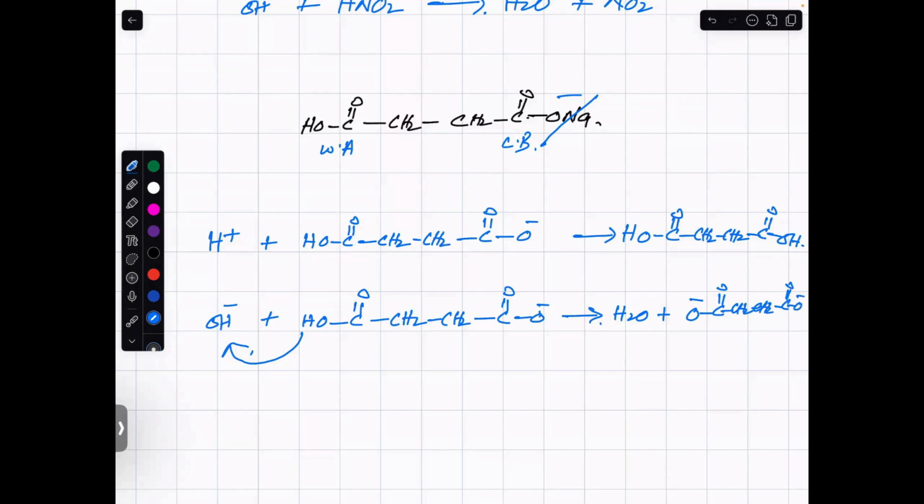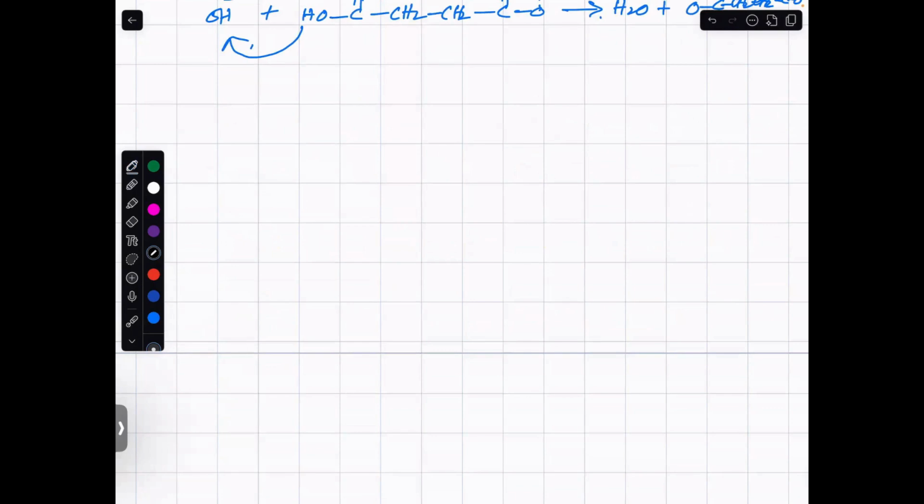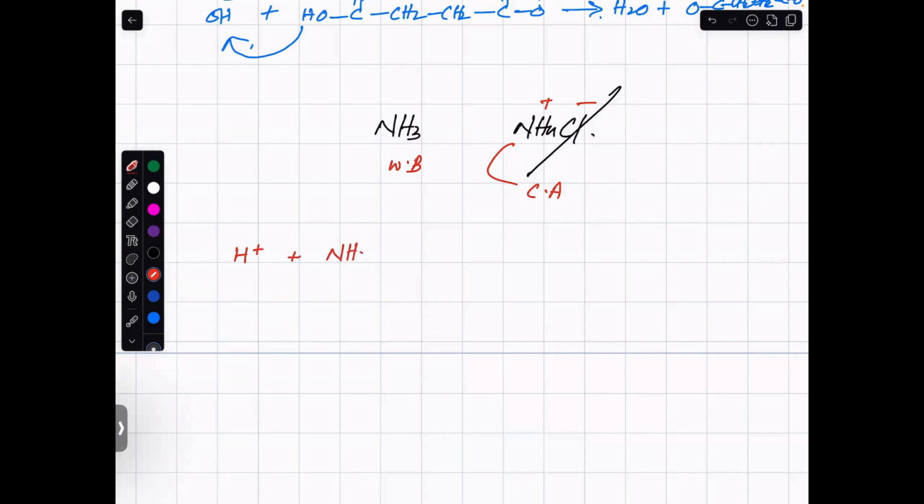Clear? Now, if I ask you, is ammonia and ammonium chloride a buffer? Yes. And this chloride is a spectator. Ammonia is the weak base and ammonium is the conjugate acid. So if H plus is added, it's going to react with the weak base, and ammonia will accept the proton, making ammonium, not changing the pH by the H plus.